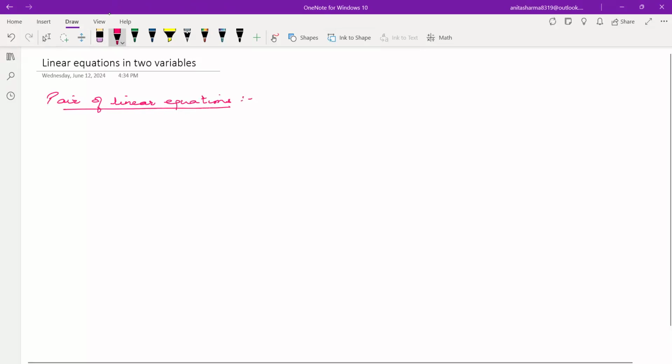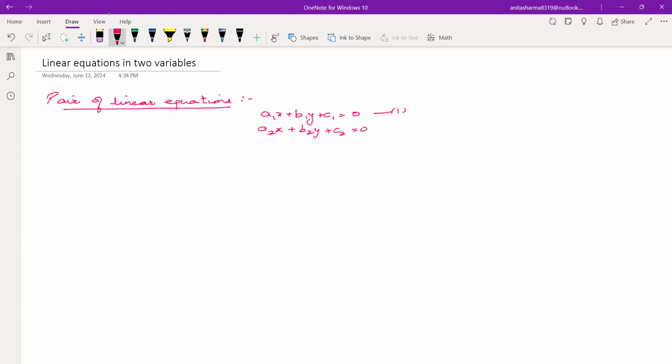So, a pair of linear equations is a1x plus b1y plus c1 is equal to 0 and a2x plus b2y plus c2 is equal to 0. These are the pair of linear equations. Okay.